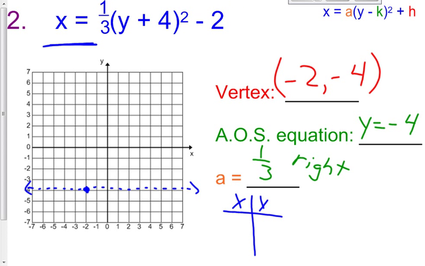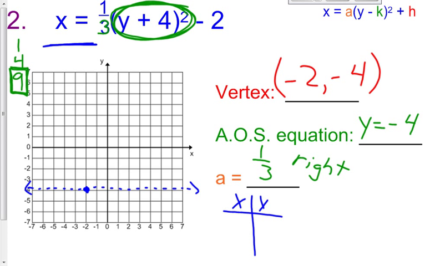Our squares are 1 squared is 1, 2 squared is 4, 3 squared is 9. Hey, is 9 a factor of 3? Yes, it is. So you know that you want this whole thing right here to be a 9. How can you get this to be a 9?